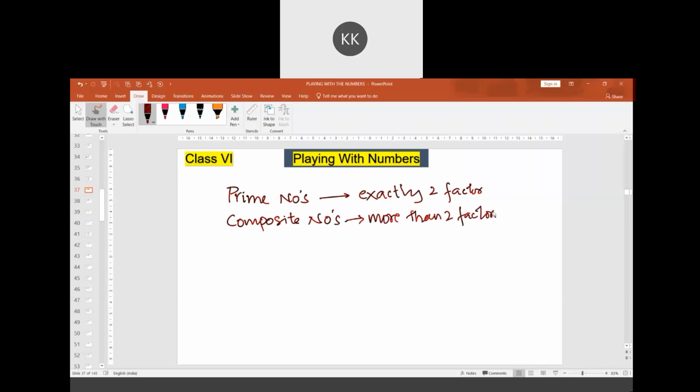We have also found the prime numbers having different properties, like 2 is the first prime number and it is an even prime number. Among composite numbers, 4 is the smallest composite number.